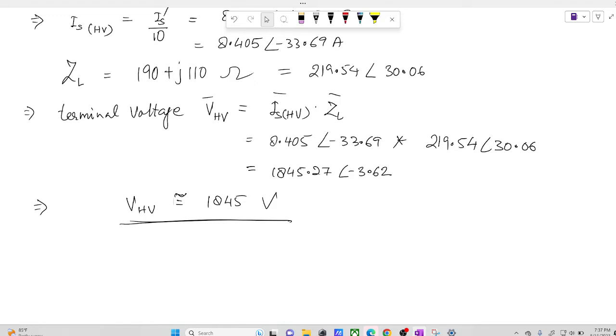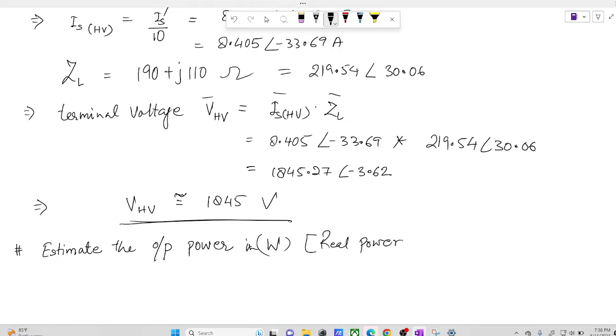Okay. Now the next part is, estimate the output power in watts. That means they are asking the real power. So many approaches are there to solve this. See, this is the voltage V you are having, and the current I you are having.